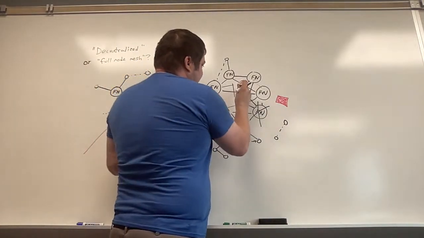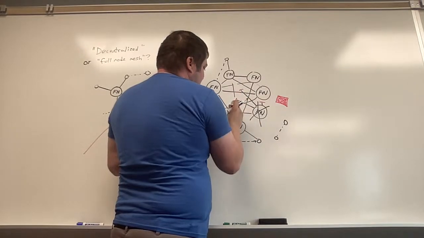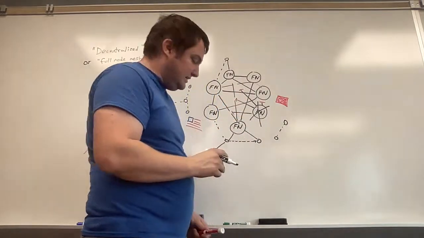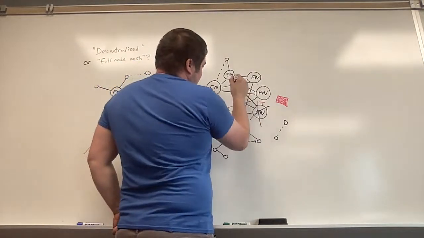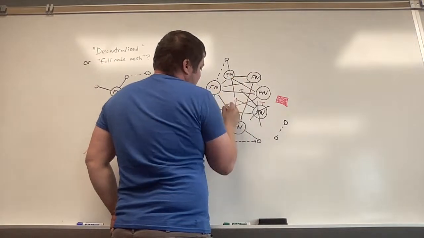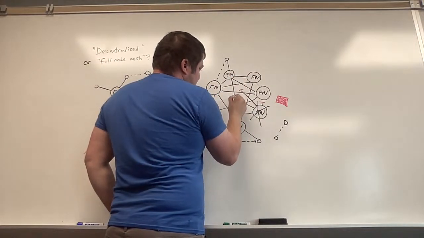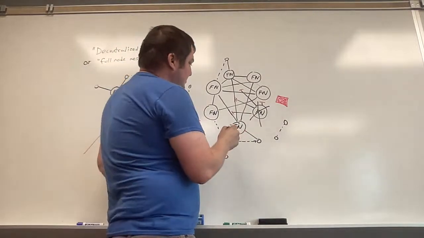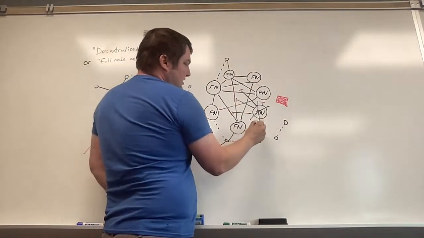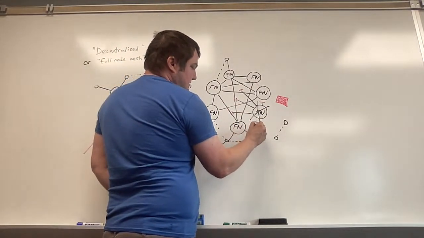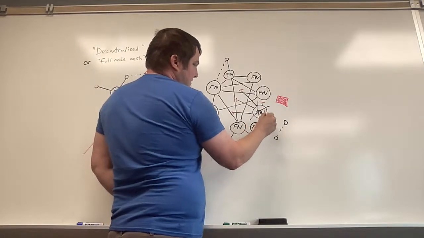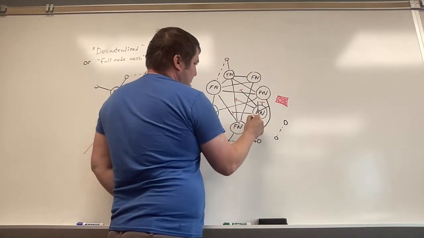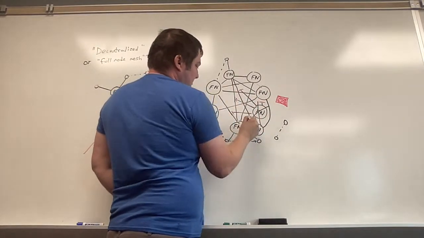So that full node gets destroyed. That full node goes out of business. Well, what do you have? You still have a strong system there, and then you have the potential for another full node to come into existence and basically replace whatever that node was doing.